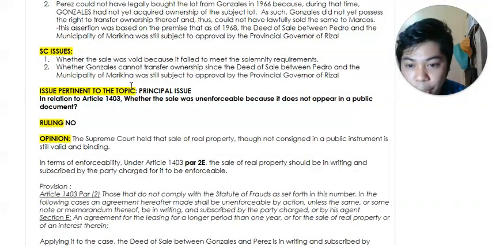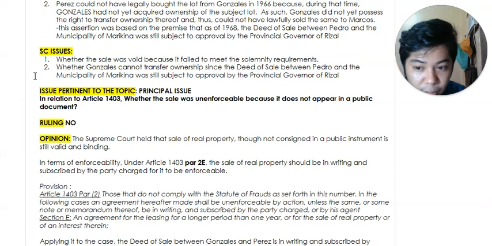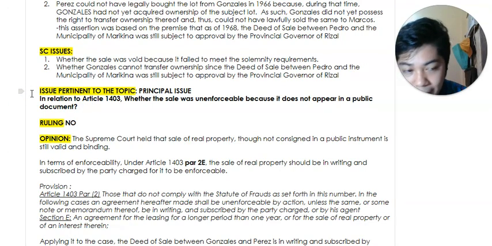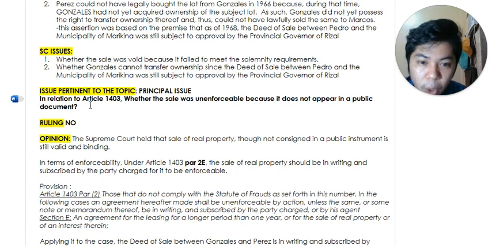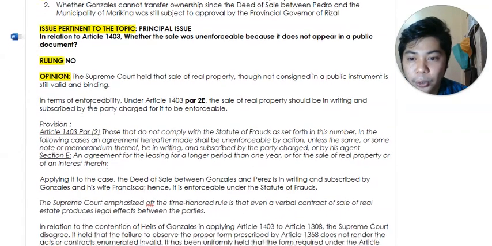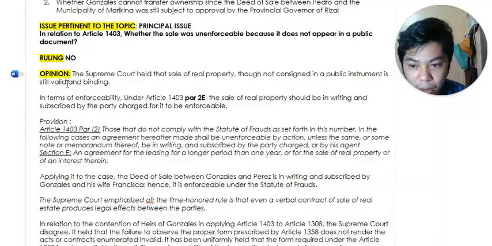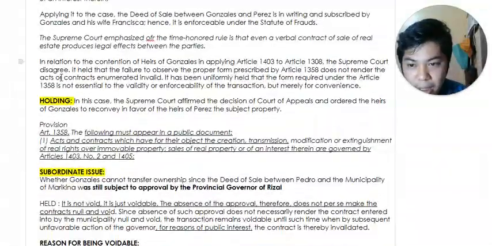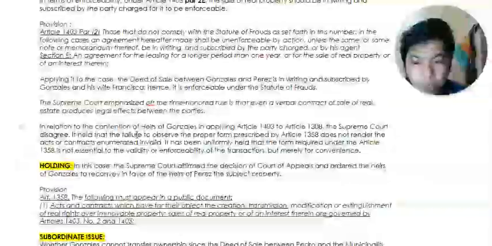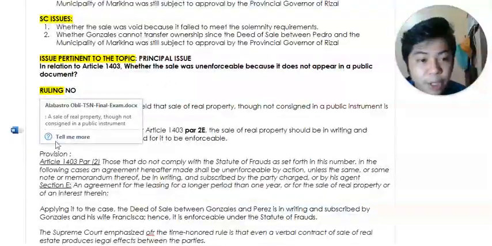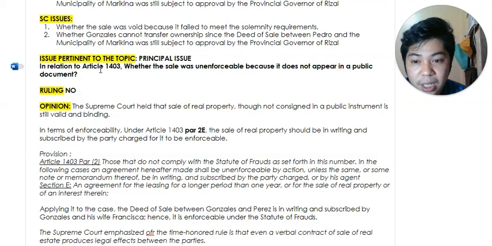Okay, so next is the issue pertinent to the topic. This is the most essential one. This is the question that I will actually ask you during the recitation. What was the principal issue in this case? If you are wrong here, your ruling, opinion and holding could still be correct since they are given, but your opinion must be based here.